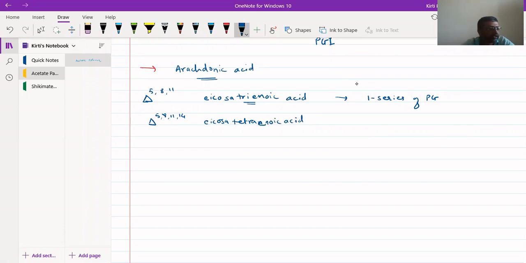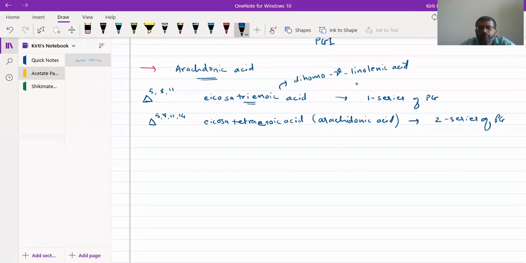This eicosatrienoic acid we call dihomo gamma linolenic acid, while this one is also called arachidonic acid, and it gives rise to 2 series of prostaglandins.